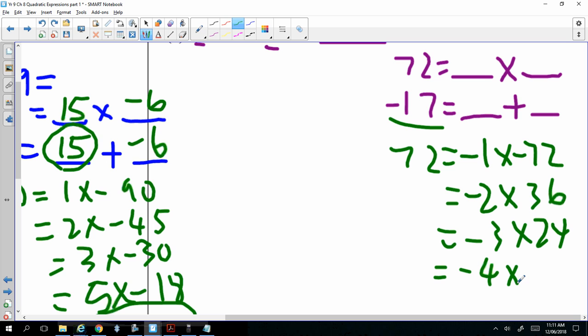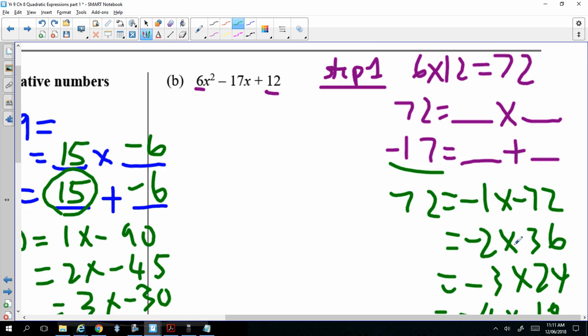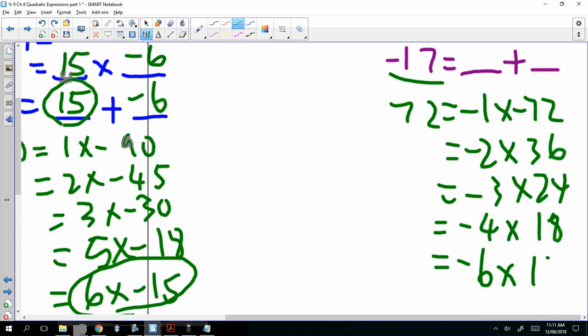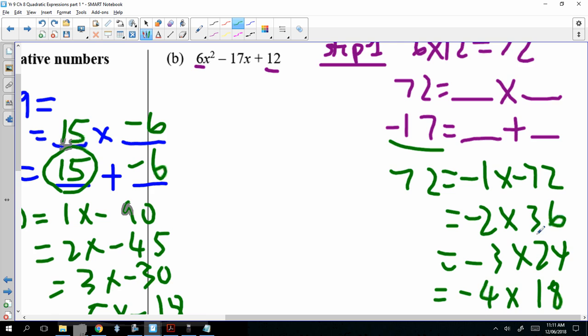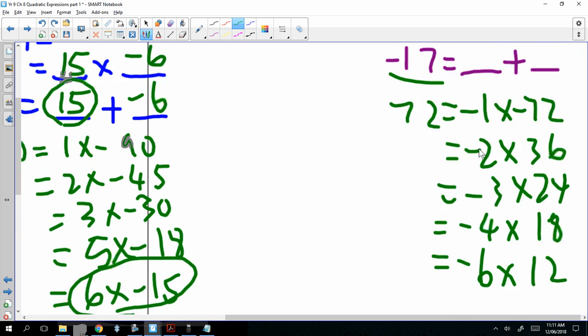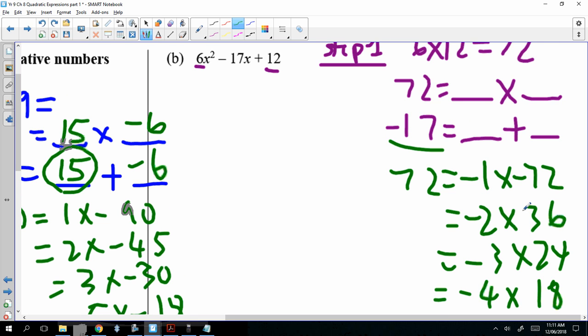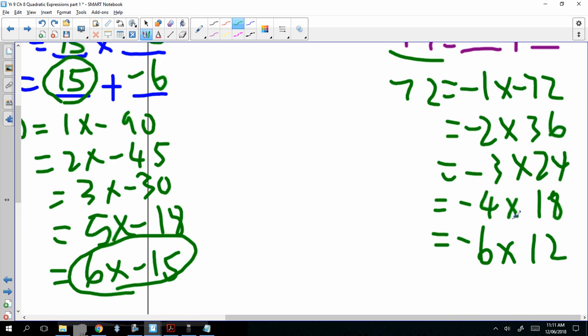Negative 6 times 12? Doesn't work. Did I do 5? No, 5 doesn't work. Oh, no, negative 8, negative 9. Actually, they're both negative. Yeah, negative 8, negative 9. That works, right? So you may have to check lots of possibilities.